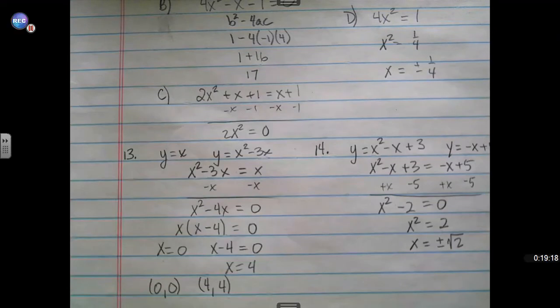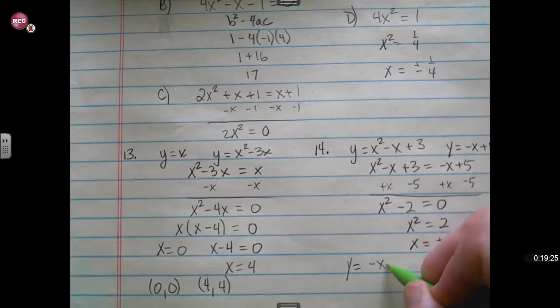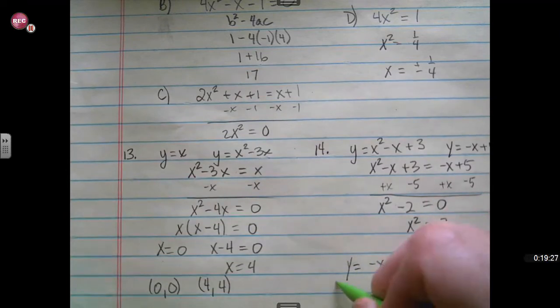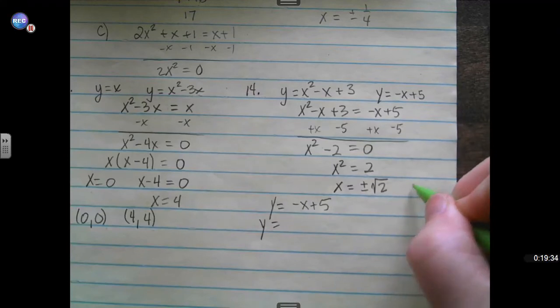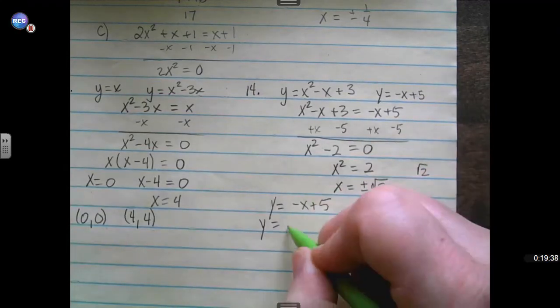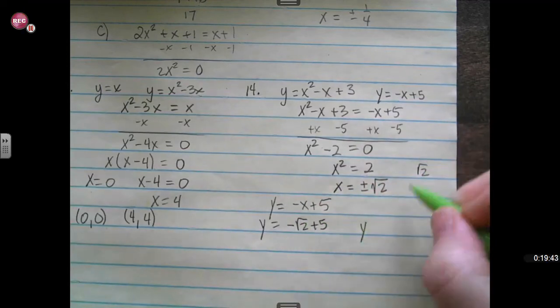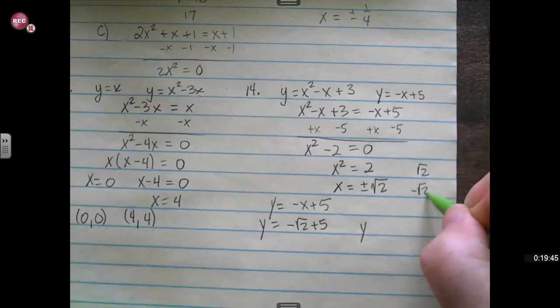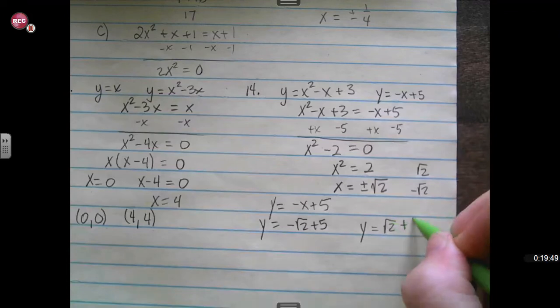And then basically to solve for y, y equals minus x plus 5. So y is going to equal the opposite of x. So if I'm looking at my answer being the square root of 2, it's going to be negative square root 2 plus 5. And if I'm looking at my answer being negative square root of 2, the opposite of that would be positive square root of 2 plus 5.